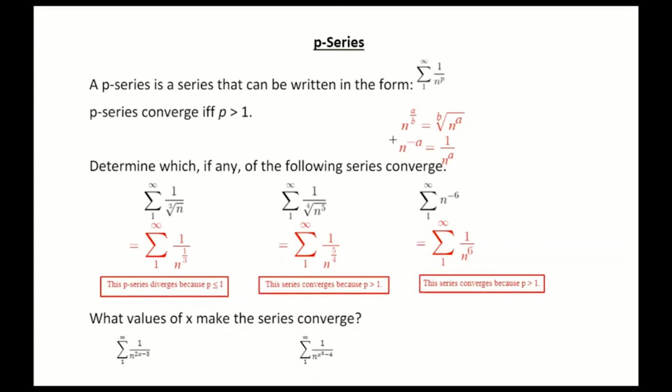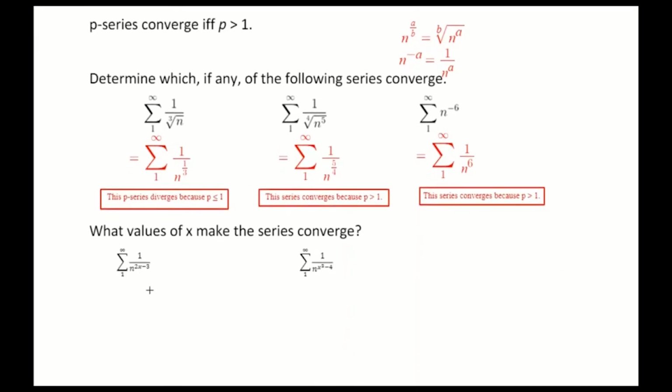Now, we're not going to get into, at least in this course, how to figure out what a p-series converges to. That's going to be something that you talk about in calculus. For our purposes, you just need to be able to tell me whether or not it converges. This is similar to one that we did with the geometric series, but this is asking what values of x make the series converge.